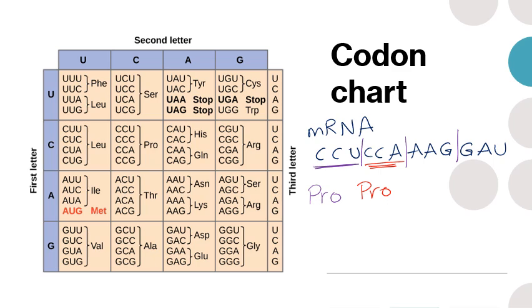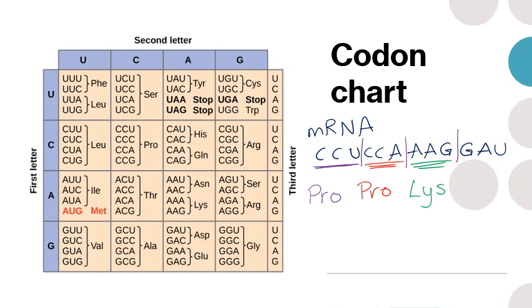Let's finish off our strands. AAG, okay, our first letter is A. Our second letter is A, so we're in this box here. AAG goes with lys or lysine. And we've just got one to go.